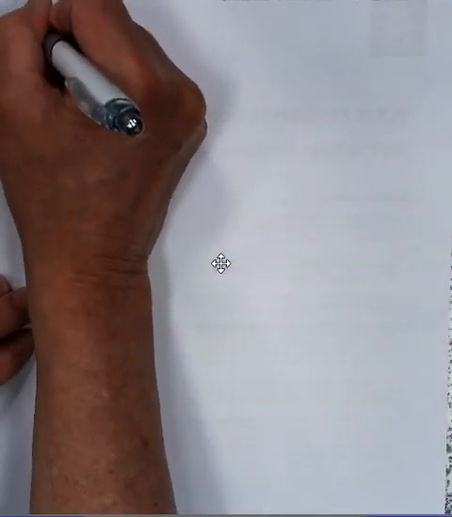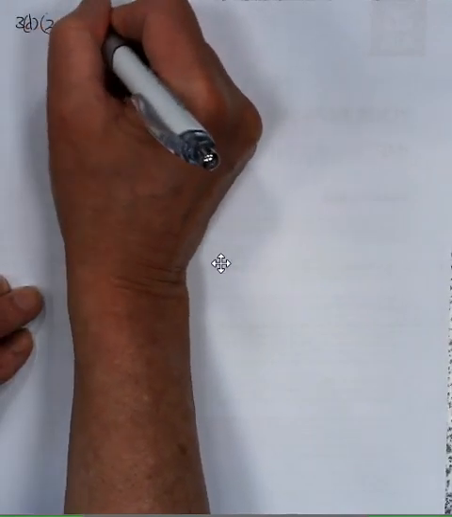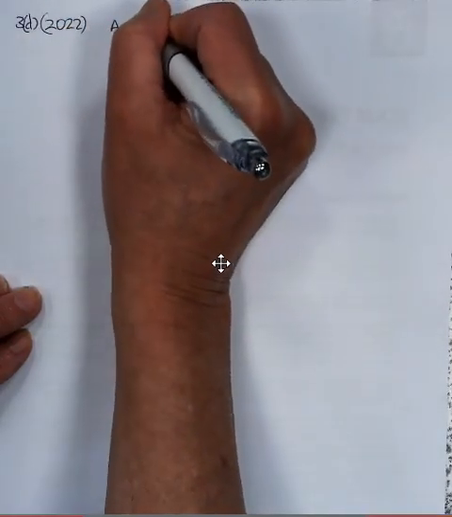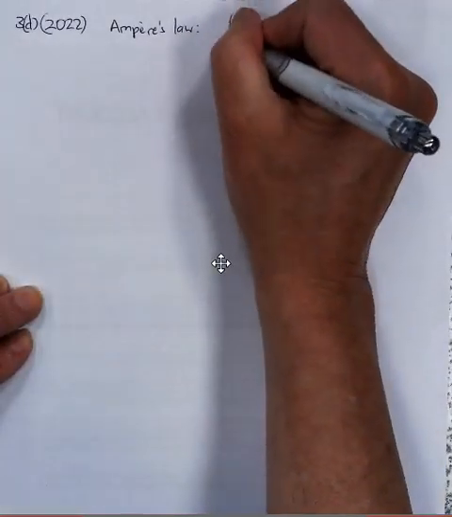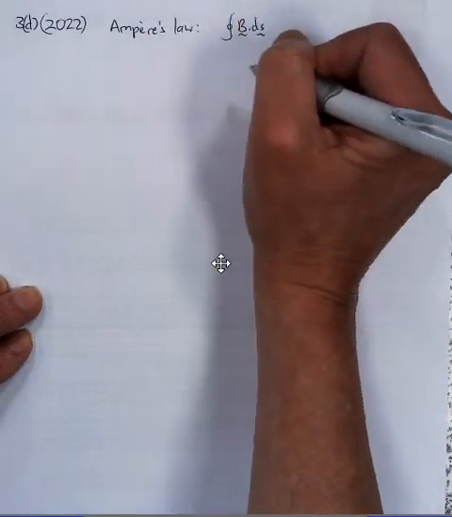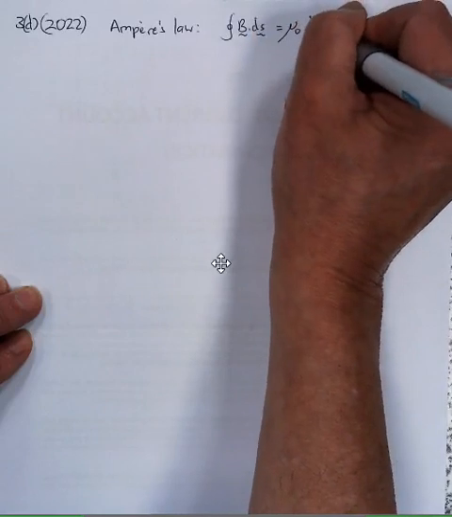Ampere's law is simply the integral of B dot ds around a loop equals mu naught I enclosed.